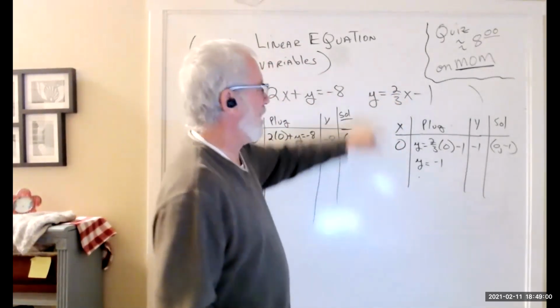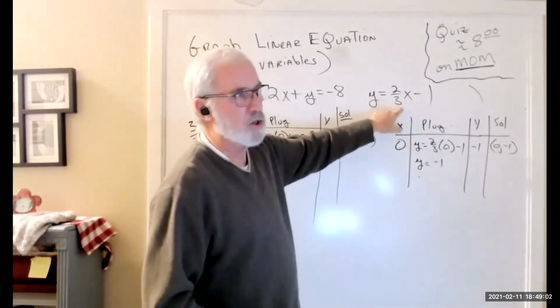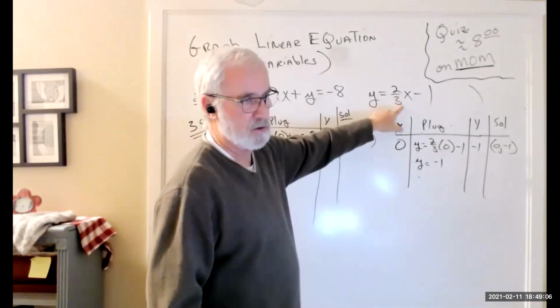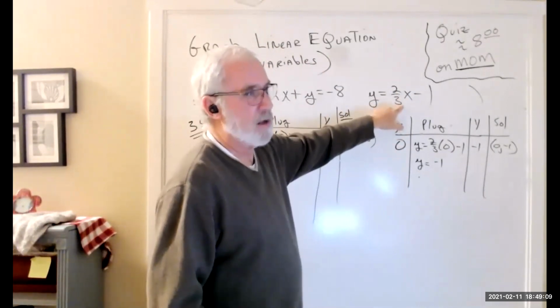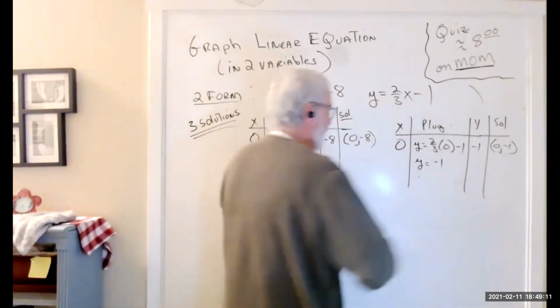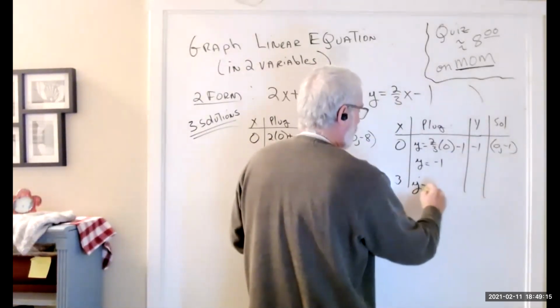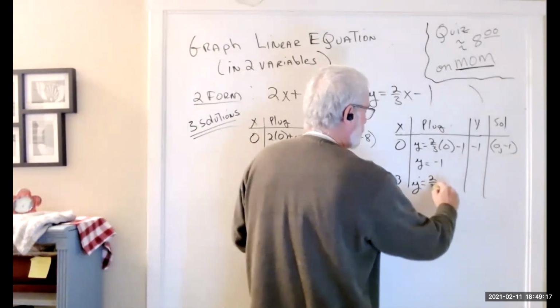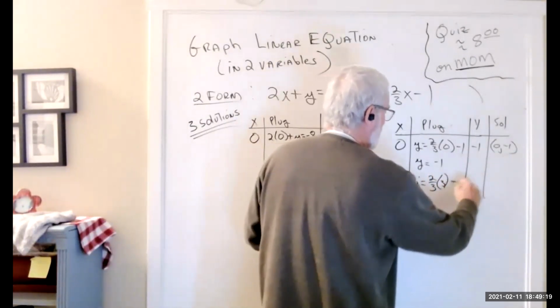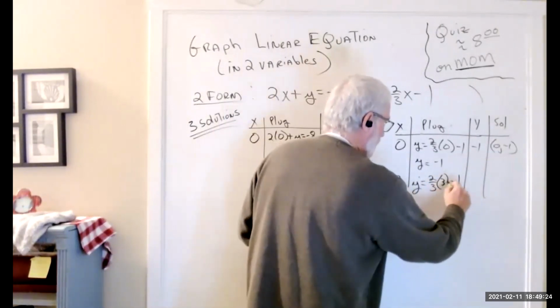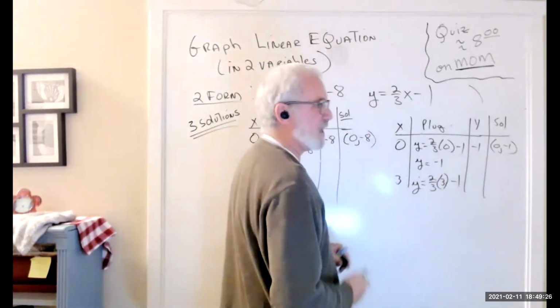What about 3? Would 3 be a good number to randomly pick for x? And the answer is yes, because the 3 that you pick will cancel out with the 2/3. So you'd have 2/3 times 3 minus 1. And so you're going to get some cross canceling.